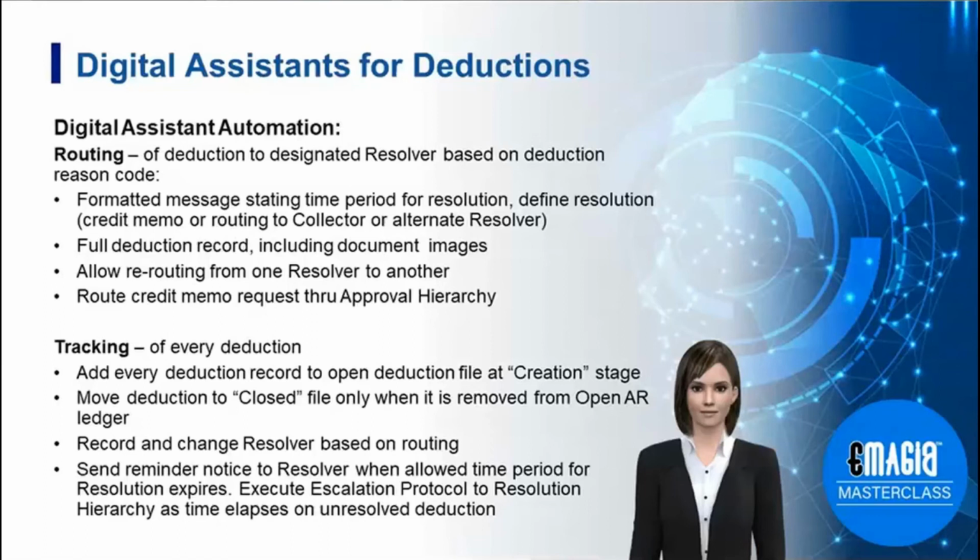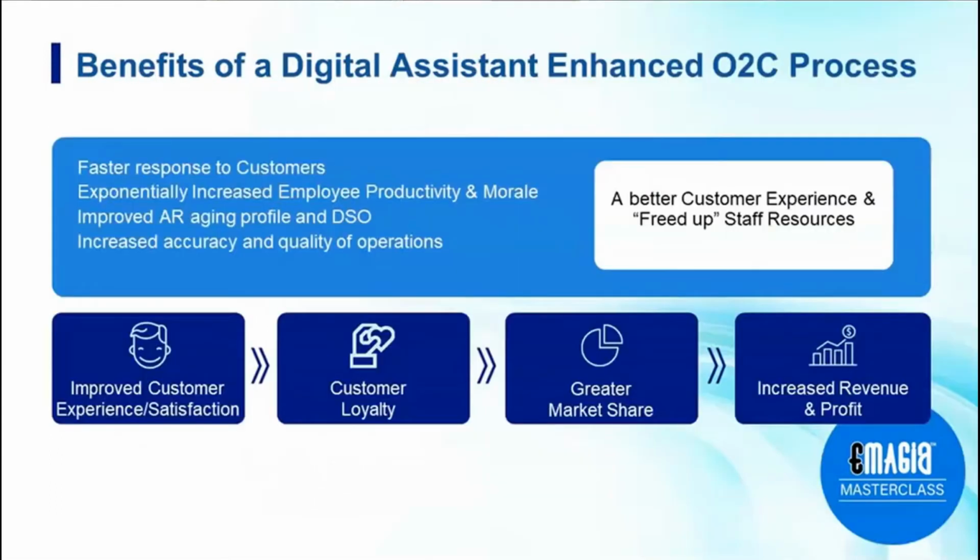It's also very good on the tracking, which is so important. You want to account for every deduction from cradle to grave and track it all the way through its lifetime. It also can do some internal dunning on deductions. Again, if we go back to the 5-day standard, if a resolver is beyond that 5 days, it can follow up and send a little dunning notice.